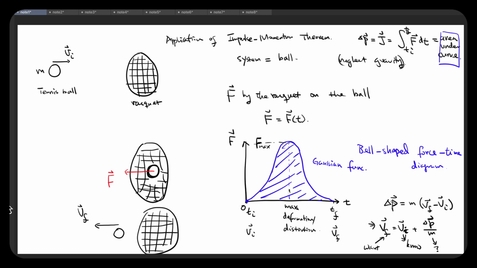Now another process I want to address here is called a collision process. And in such a process, of course, let's say these two objects collide. Object A collides with object B, and that is called the collision process.